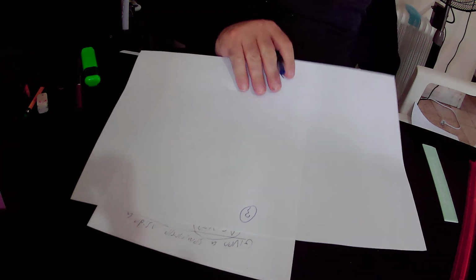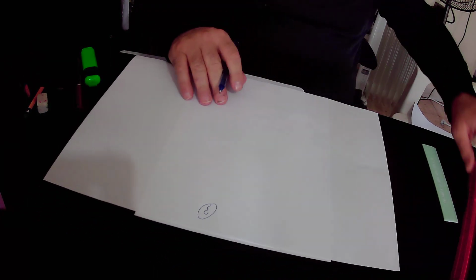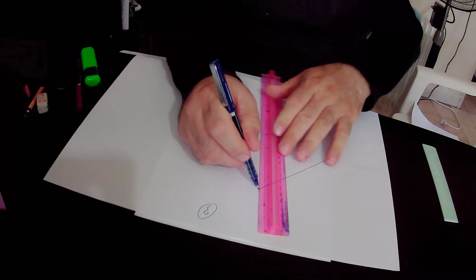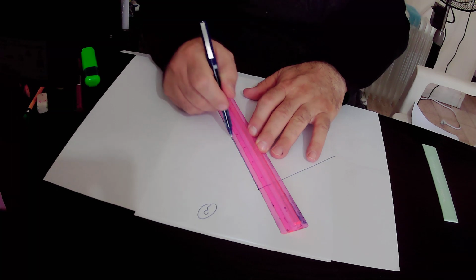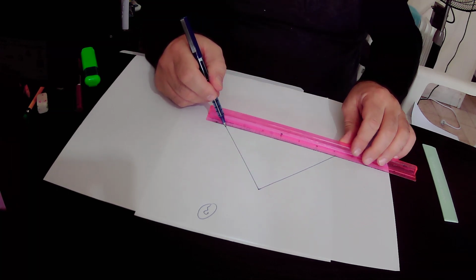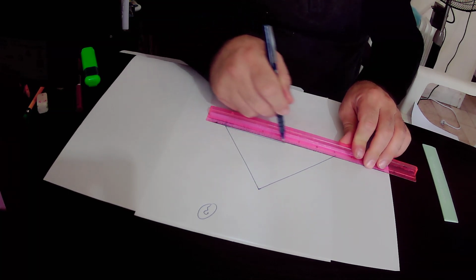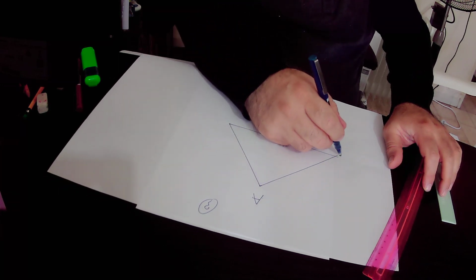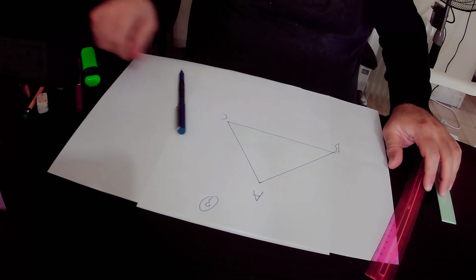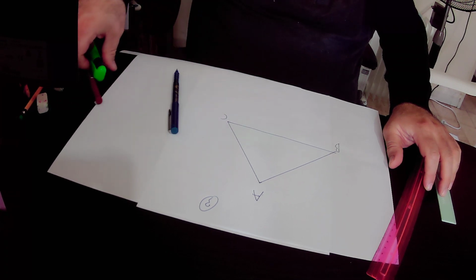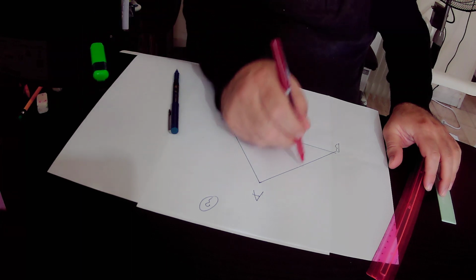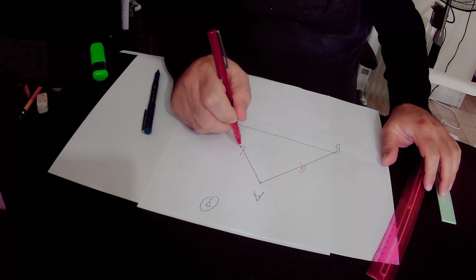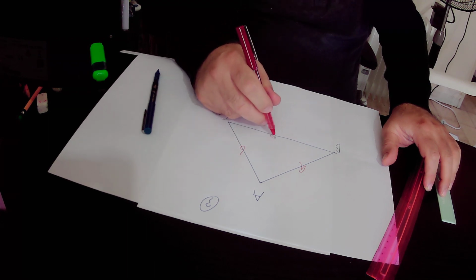That is true in any triangle. So if we have a triangle ABC, that could be any triangle. This is triangle ABC. We know that side AB of triangle ABC equals a units in its length. Side AC equals b units in its length, and side BC equals c units in its length.